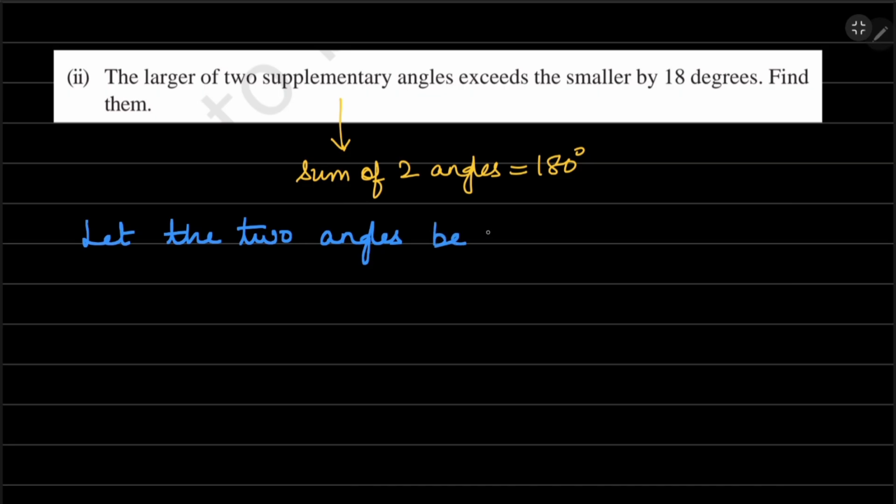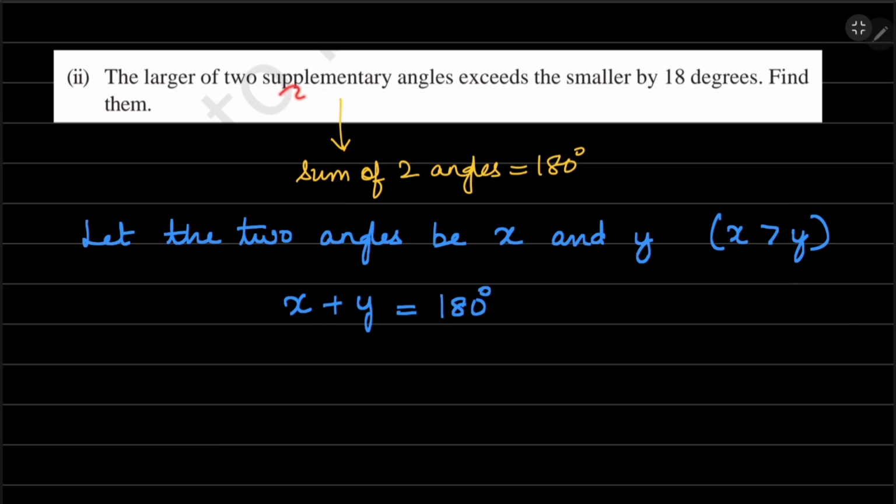So let's write, let the two angles be x and y respectively, and the larger one can be x. You can again write the same way as we did in the previous question. Let x be greater than y. What is given here? We know that the sum of the supplementary angles, that is x plus y, will always be equal to 180 degrees. That's why they have given supplementary.